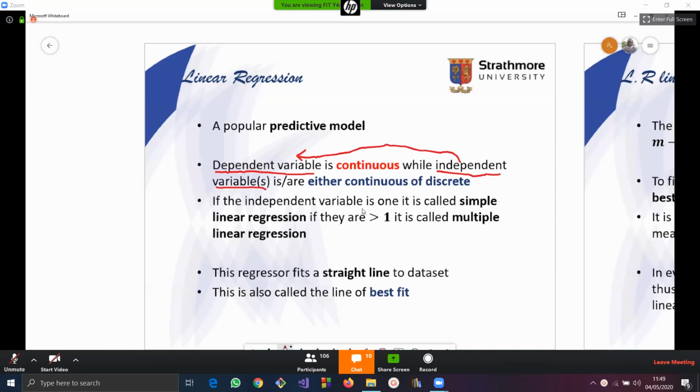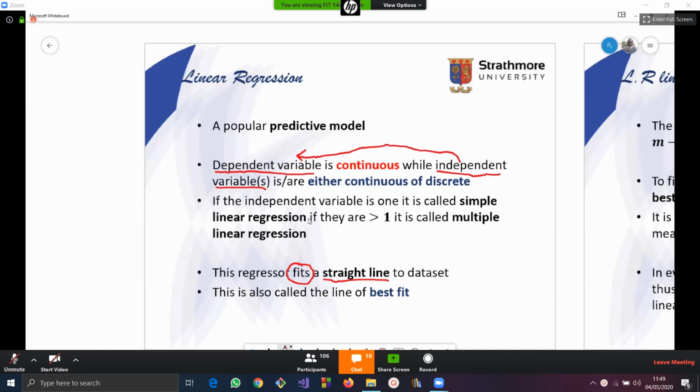Now, so let me see here. If the independent variable is one, it is called simple. Okay, you can read all this. So we want to fit a straight line in linear regression to the data set. Okay, so actually the official name for training a model is going to be fitting from today. So anytime you're training a model, you're just saying I'm fitting the data.